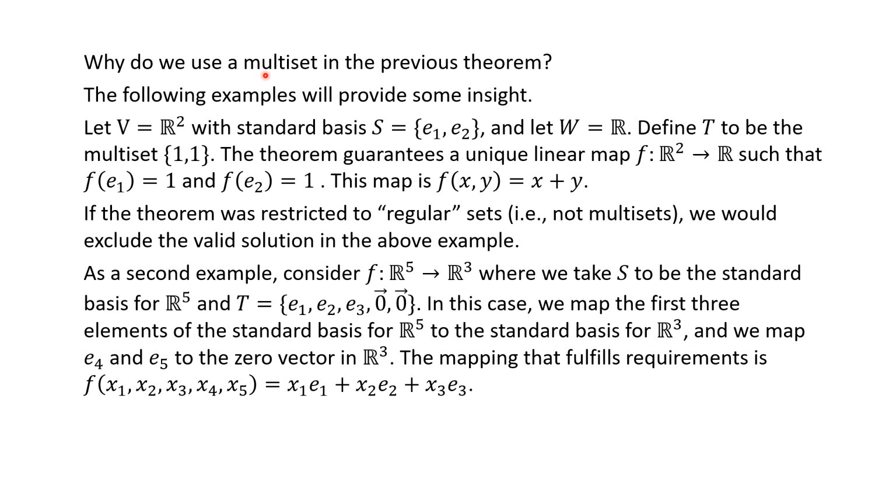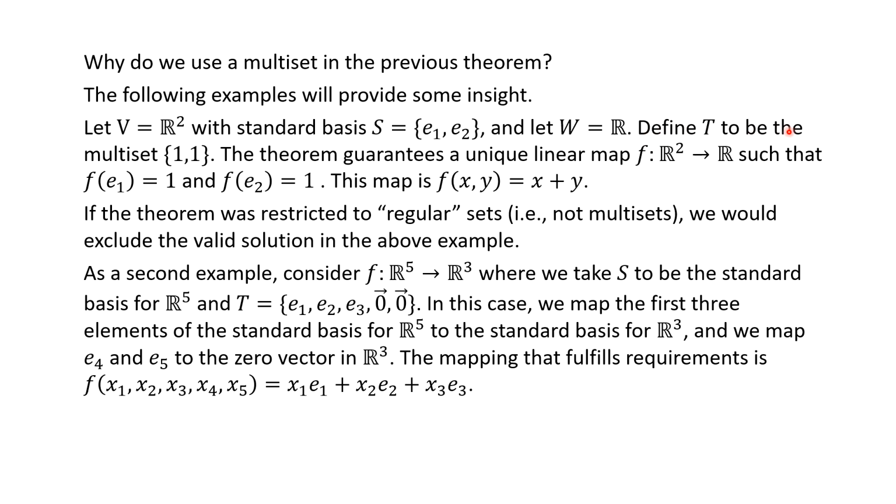So why do we use a multiset in the previous theorem? I gave you one example when I started. Let's look at a couple more. Let V equal R2 with the standard basis E1, E2, and let W, the other vector space in our theorem, equal just the real numbers.